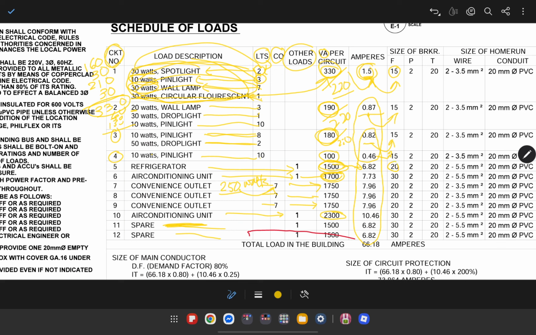Only a 20 ampere circuit breaker is used, because after all it's just a single appliance circuit. With the air cons, we are using 30 together with a spare. That's because for the air cons and the spare, we probably do not know if the load will be greater than what we prepared for. So might as well use 30 for safety factor.